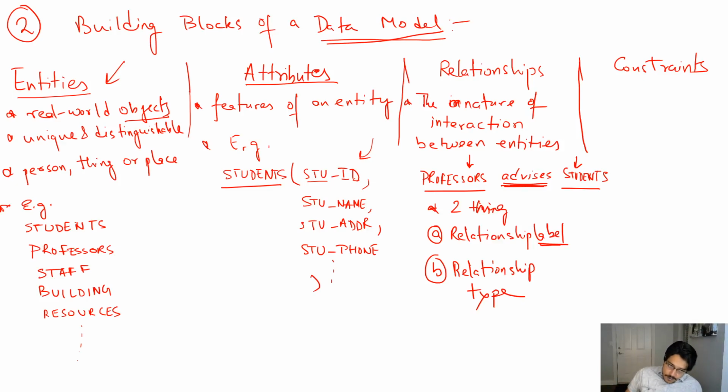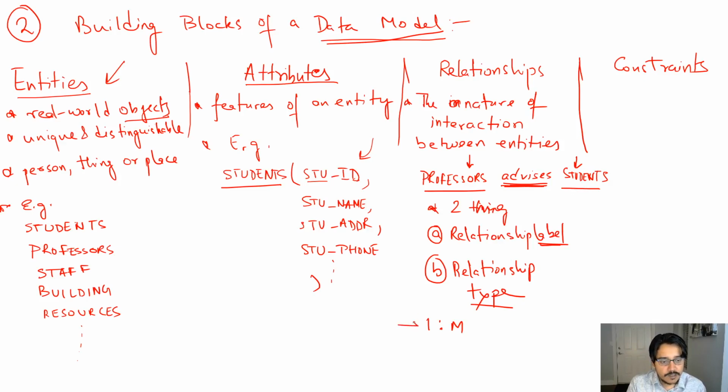Okay, but there are three different types of relationship that you can have between the entities. So the first one is 1:m. That is, one unit of a given entity is associated to m different units of the other entity. Okay.